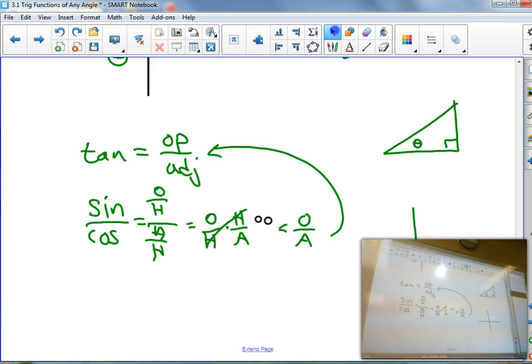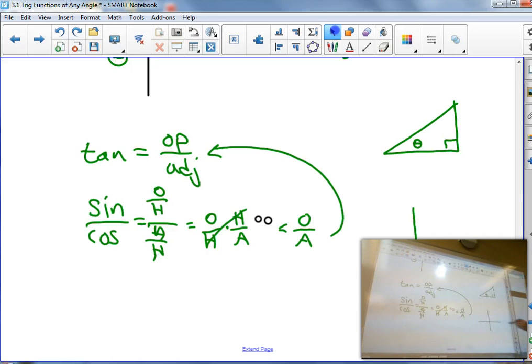I have to come up with a way to do it, right? So the way that we do that is we look at what's going on with my x and y values and set those signs, positives and negatives, for the opposite sides and the adjacent sides. Whether they're positive or negative is going to represent what's going on with the sine and the cosine.